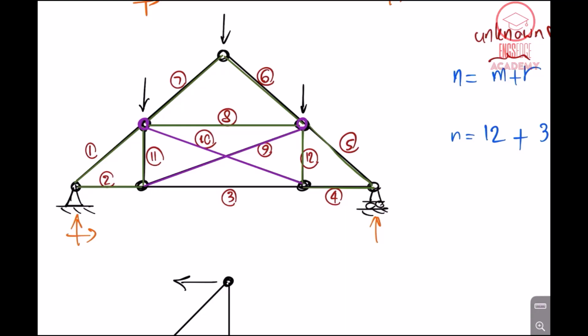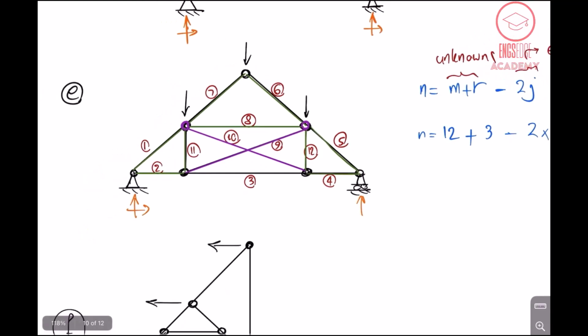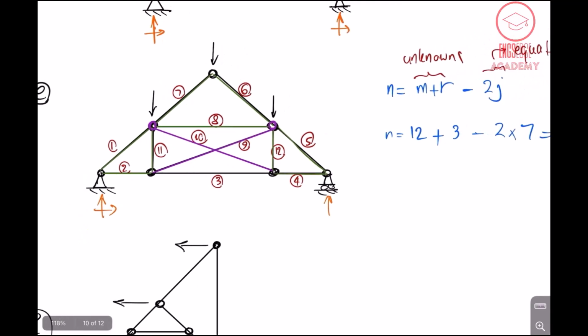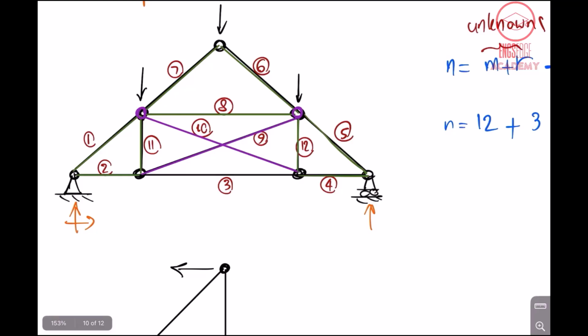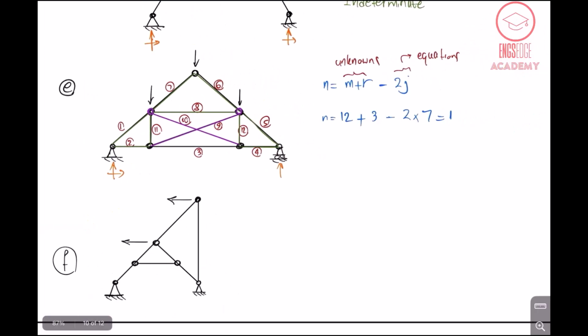Without member number 3, stability would still be maintained. But since member number 3 connects these stable segments, it adds 1 degree of indeterminacy to the structure. So because of member number 3, our structure is indeterminate.